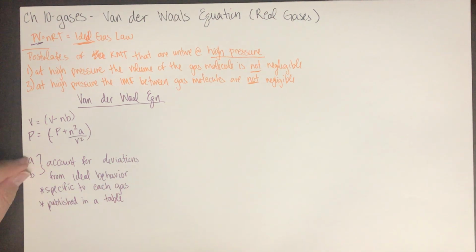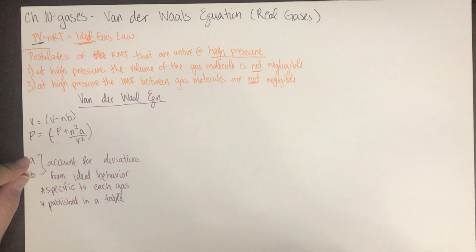So for example, the A and B of carbon dioxide is different than the A and B of oxygen or nitrogen or any other gas. So you would need to know what is the A and B for each specific gas before you would be able to use the van der Waals equation. And those would always be provided for you, or you would get some sort of table where you could look it up. So let's look at an example.